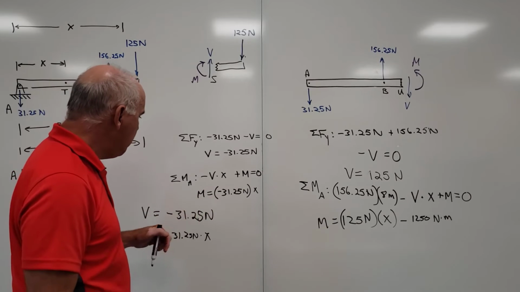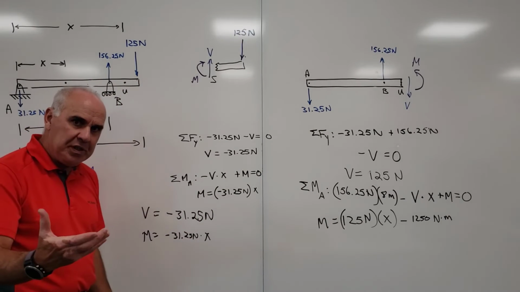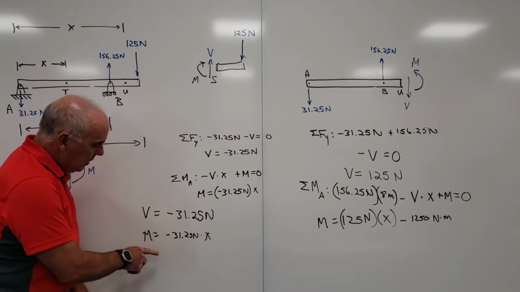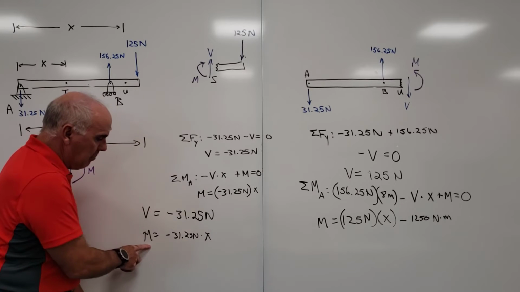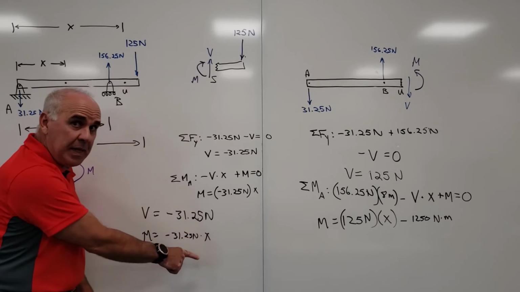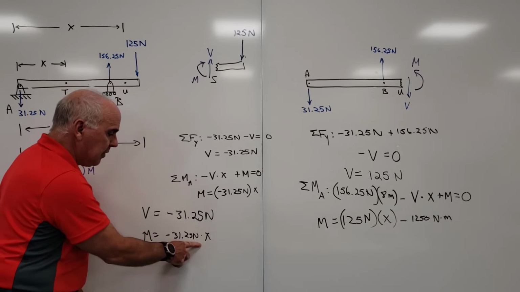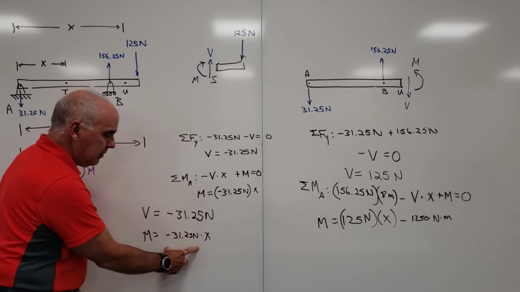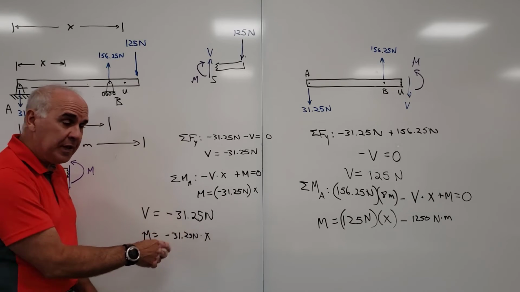And so one thing that's maybe worth noting here, and your book will get into this in more detail. I'm not going to really detail this too much on videos, but notice that the derivative of the moment with respect to position, right, the derivative of negative 31.25 newtons times x is equal to a constant, right, the slope of this function, which is negative 31.25 newtons.